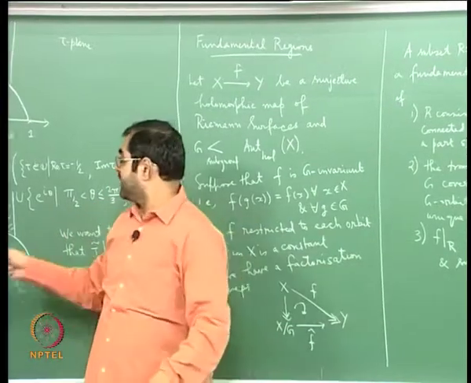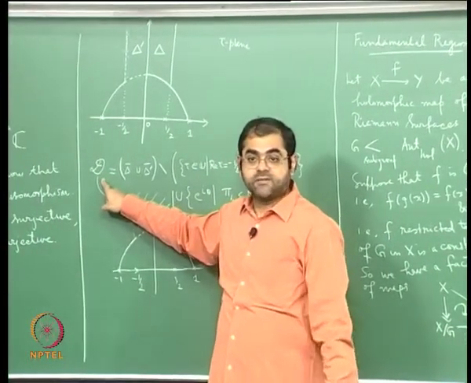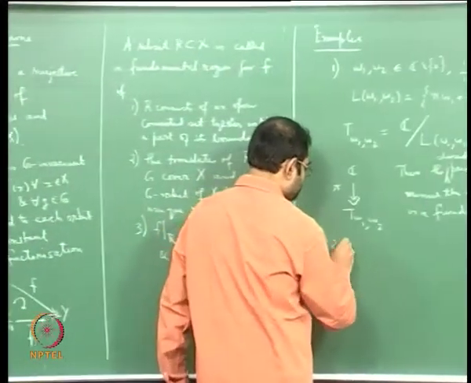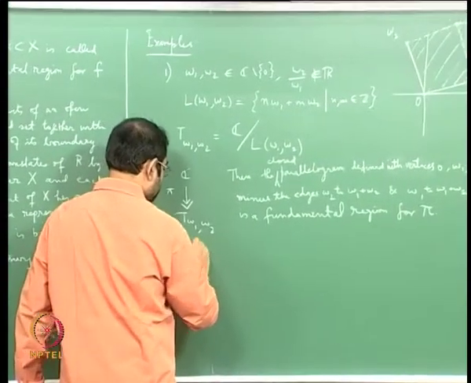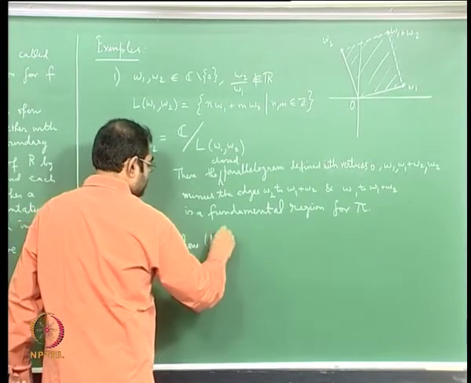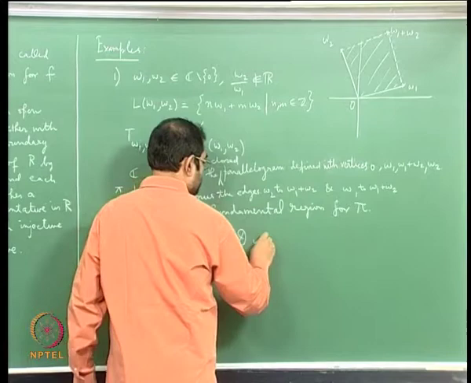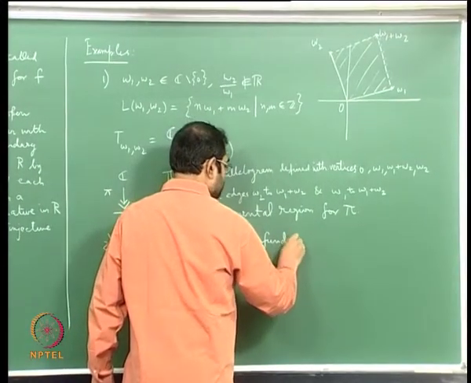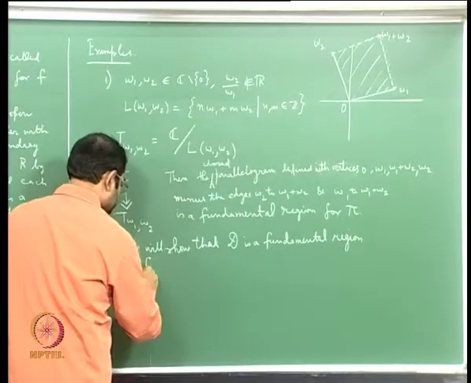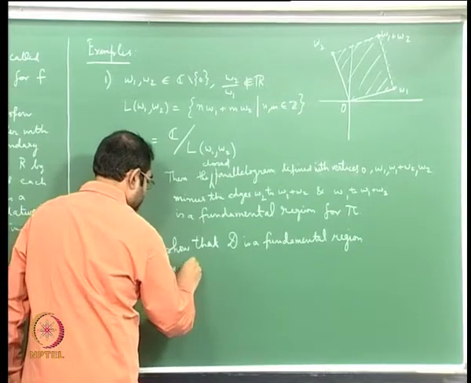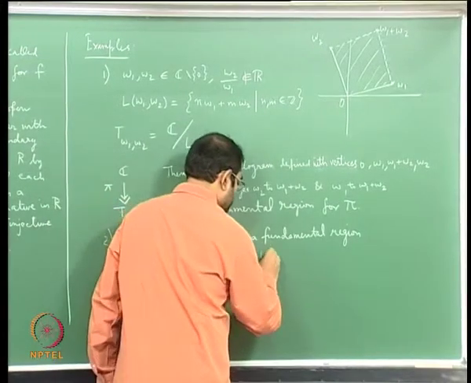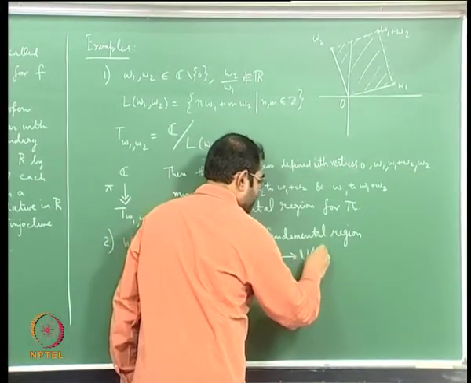The second statement is that script D is a fundamental region for the quotient map U to U mod PSL2Z.